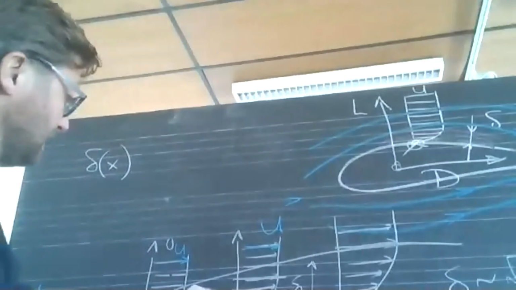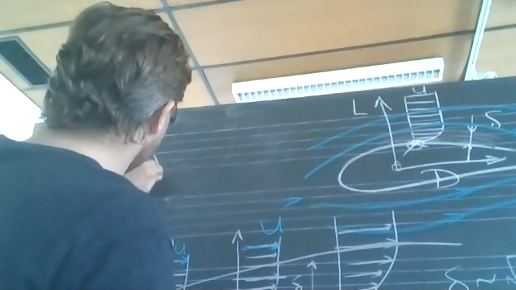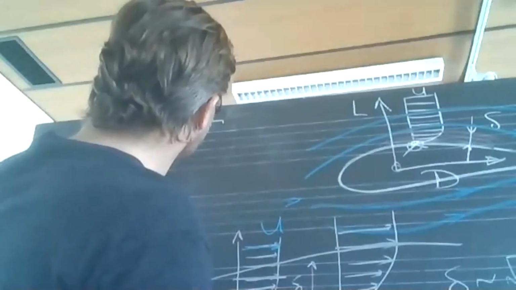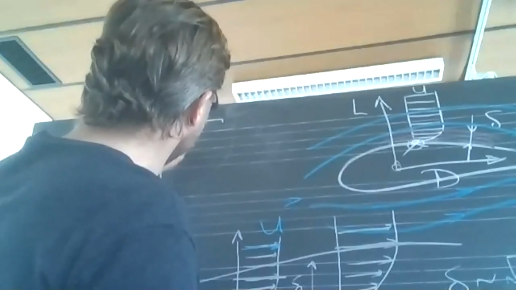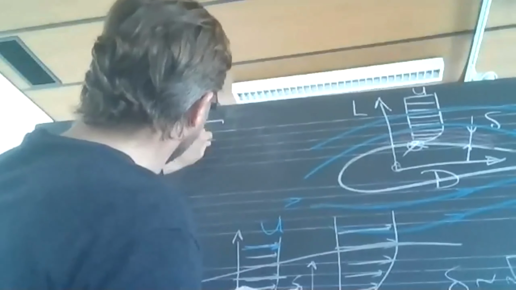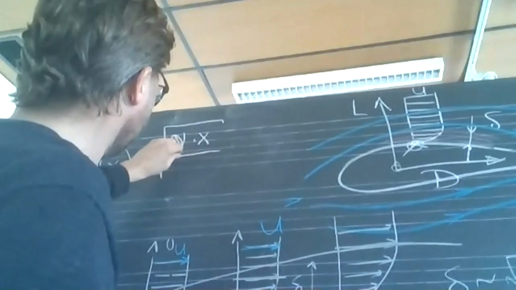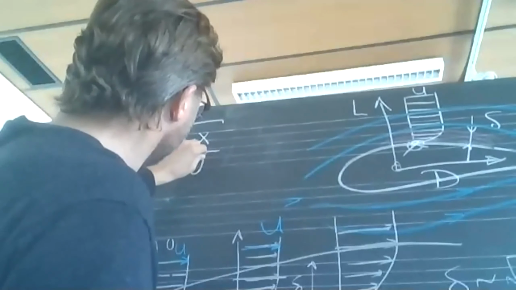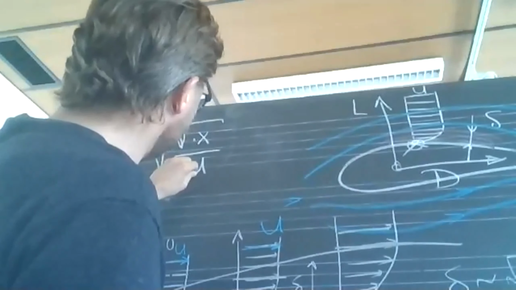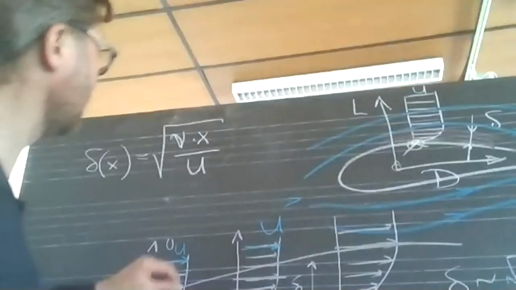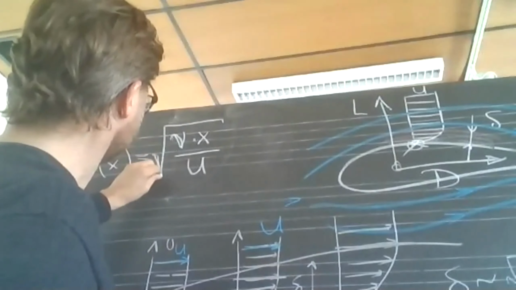He also found the thickness is not just increasing with the square root of x, it's also increasing with the viscosity nu, with length x, and it's getting thinner with the square root of U. That was, again, a bit of genius that he just wrote it down that way. So it was really an ansatz by Blasius, or maybe Prandtl.